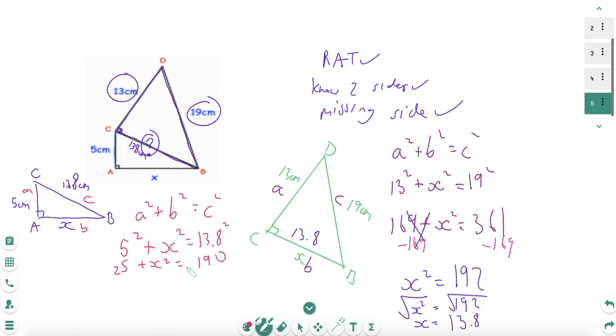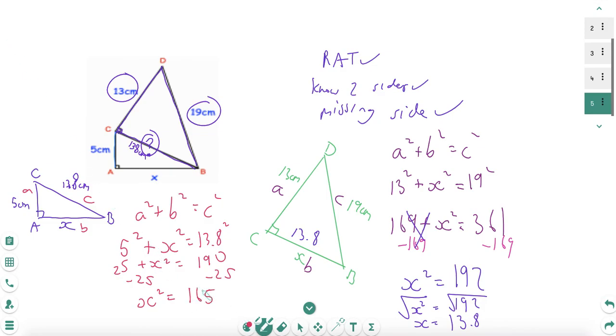All right, so let's work backwards. So x squared plus 25, so we're going to minus 25 from both sides. So we have x squared is equal to 165.